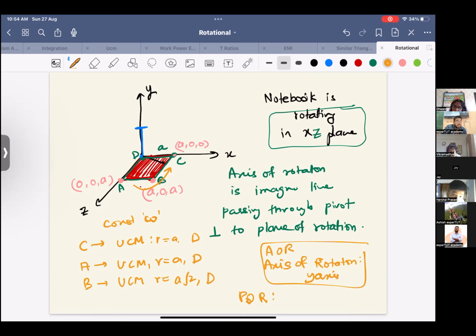What is POR? Point of rotation. Point of rotation is D. POR always lies on the AOR. Point of rotation is the point about which it is rotating, a more correct way of saying.